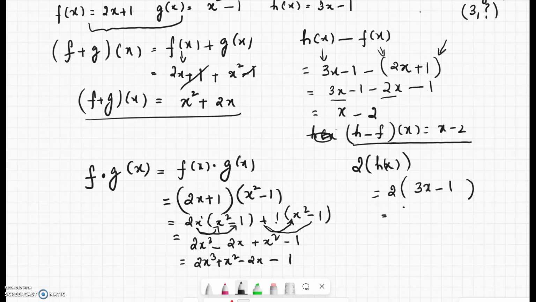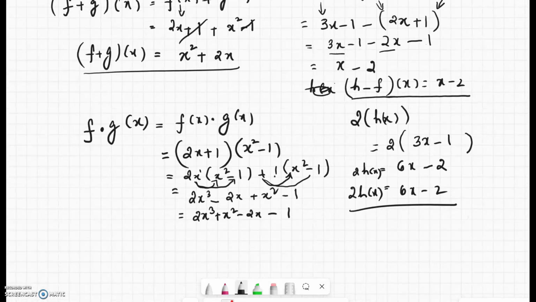So this is equal to 6x minus 2, and that is 2h of x, that is double the function h, is 6x minus 2. This is the equation that gives me 2 times h of x.